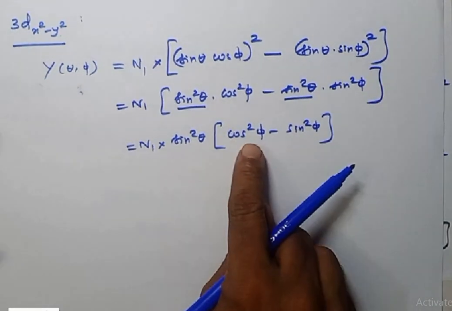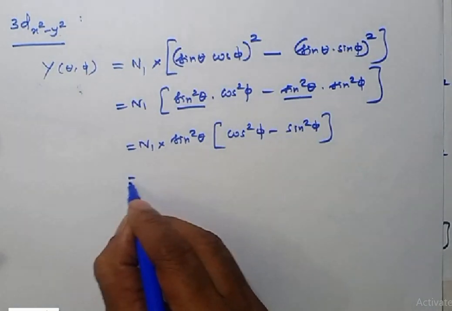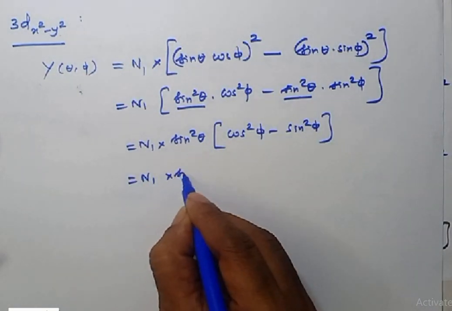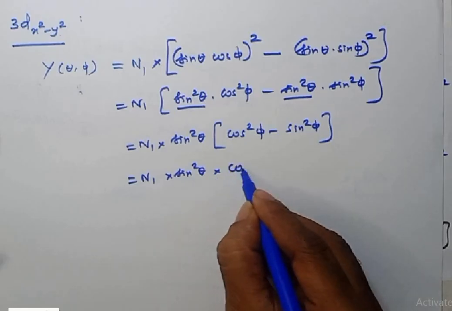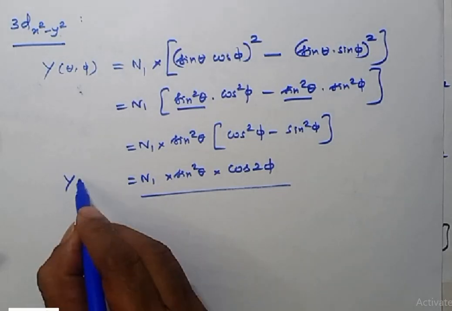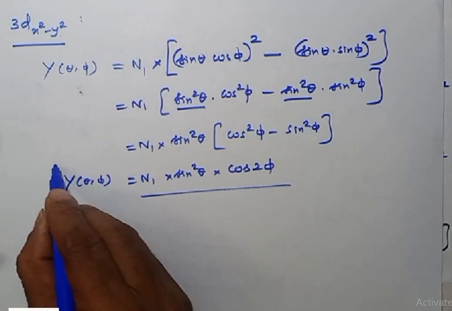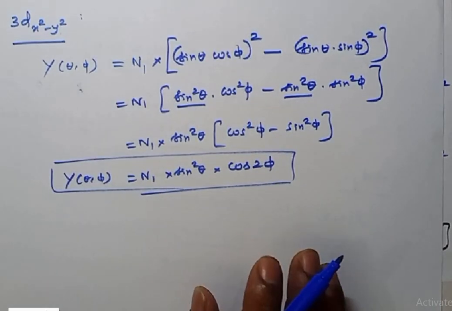What is cos square phi minus sine square phi? It is nothing but cos 2 phi. So n1 into sine square theta into cos 2 phi. This is the angular part for x square minus y square orbital.